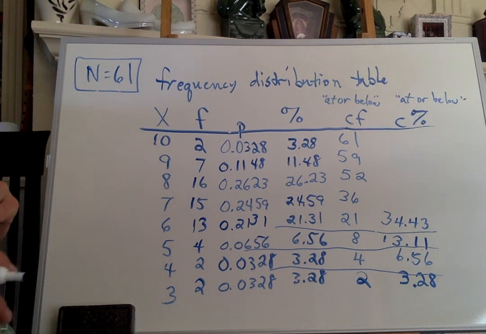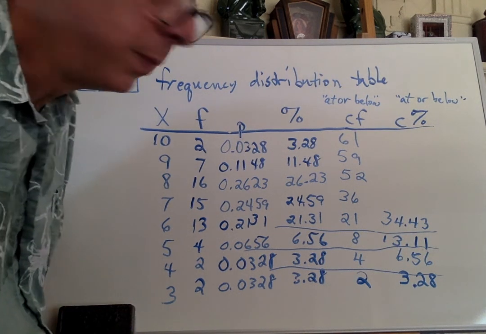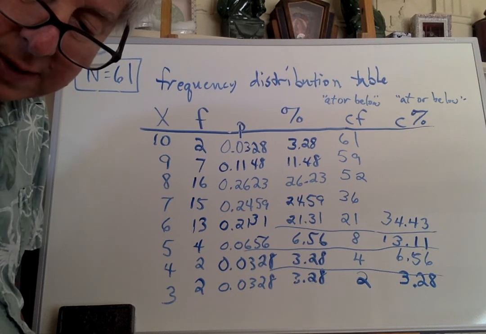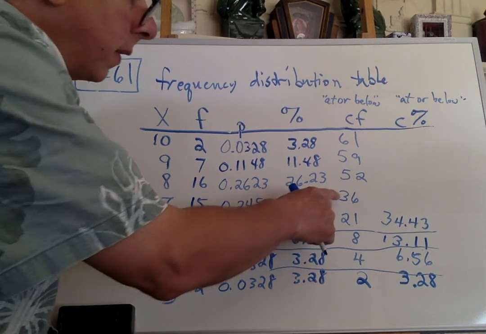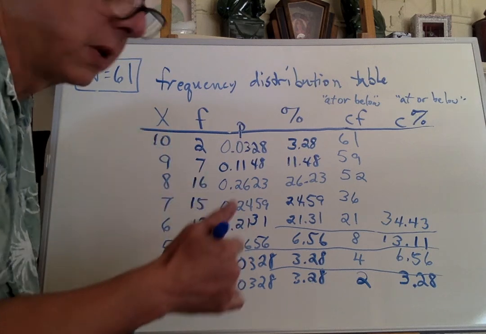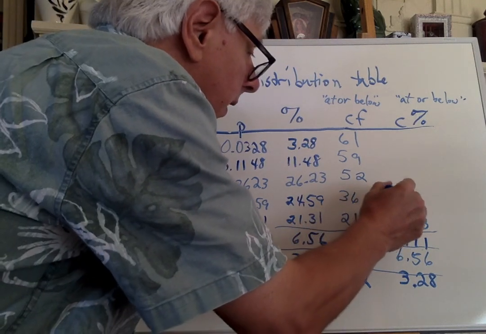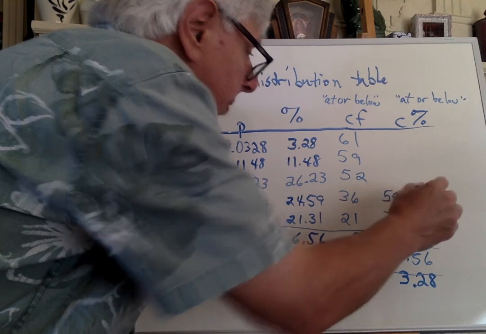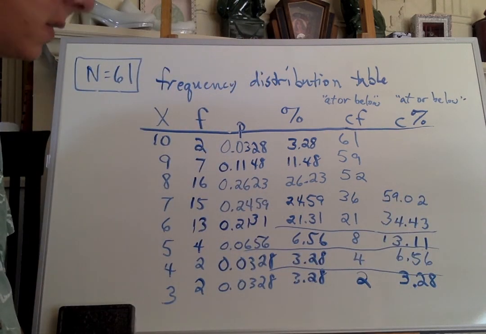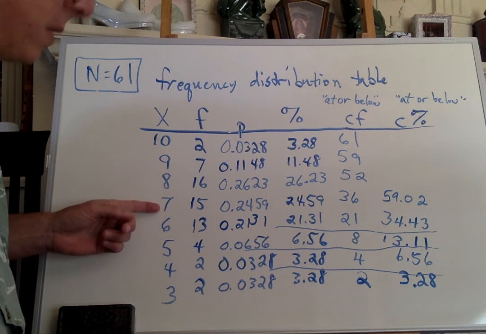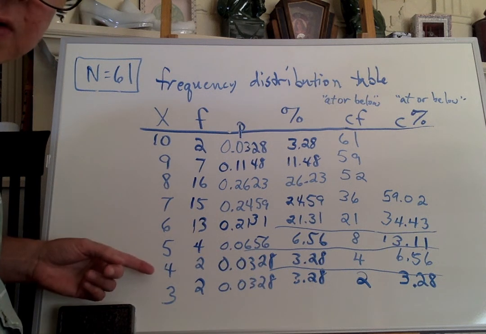All right, so then we have 36 divided by 61, right? 36 divided by 61 tells us 59.02. 59.02% of our data set of the people reported a happiness score of 7 or below 7.